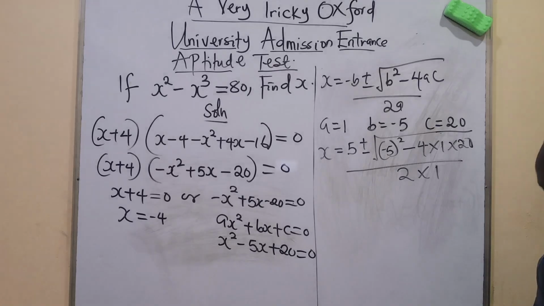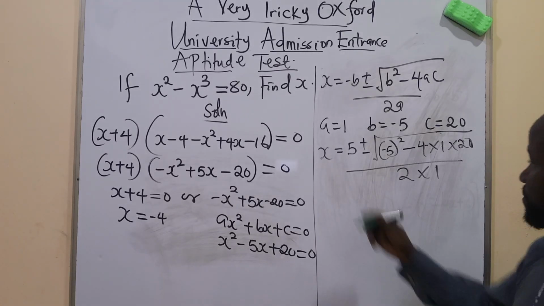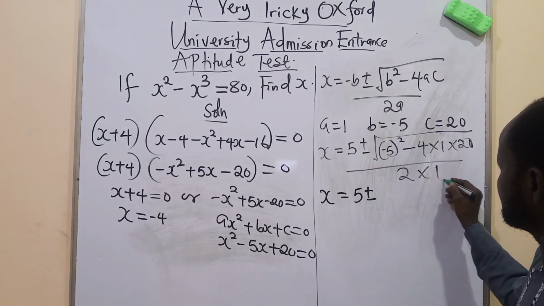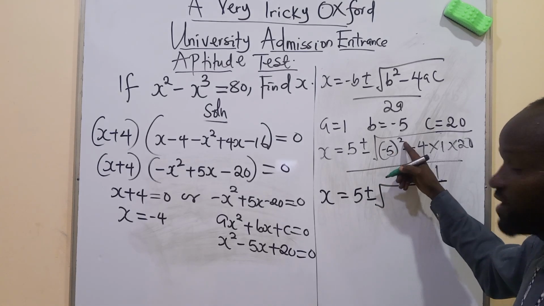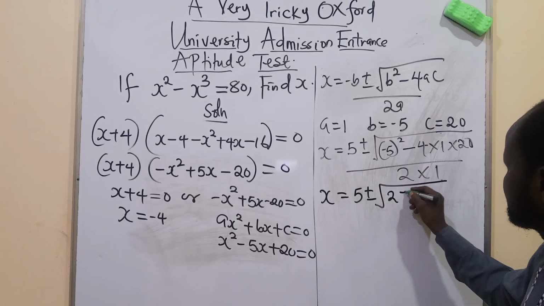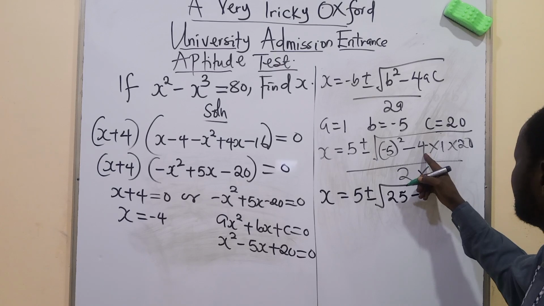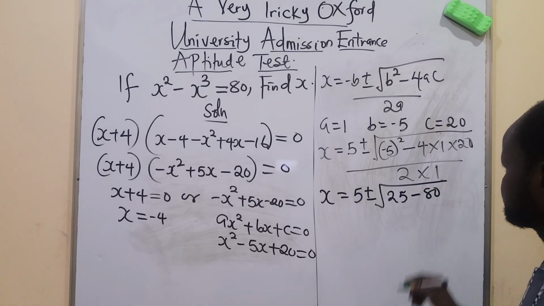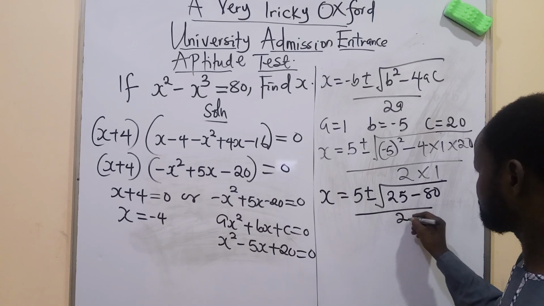Let's simplify. x equals 5 plus or minus the square root of 25 minus 80, divided by 2.